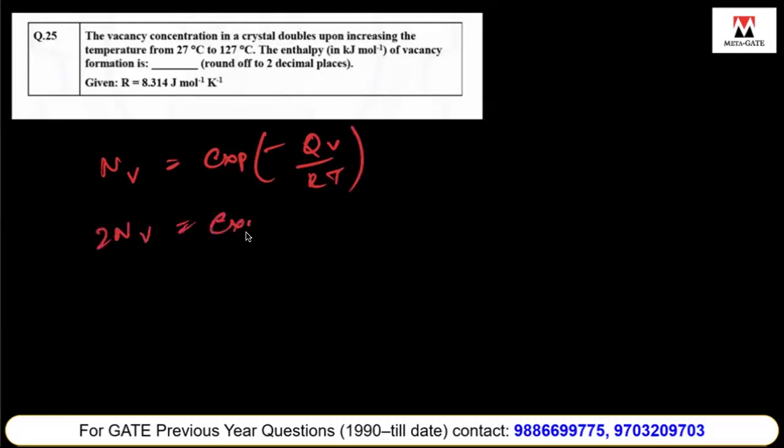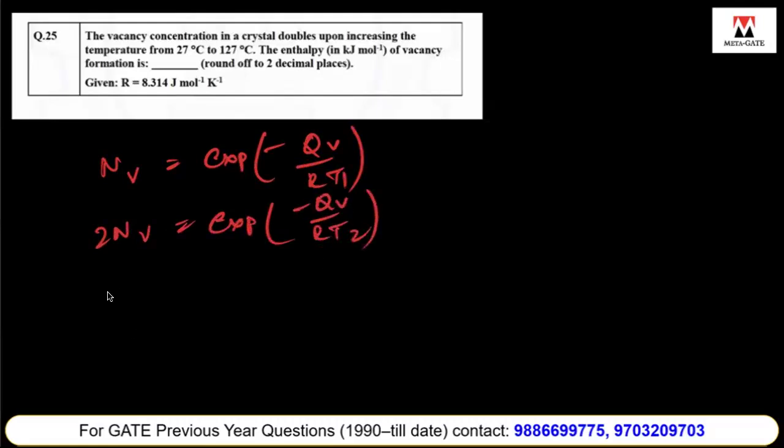The vacancy concentration in a crystal doubles upon increasing the temperature from 27 degrees to 127 degrees centigrade. The enthalpy of the vacancy formation is given by, we know N_V is equal to exponential of minus Q_V by RT. So vacancy concentration in case 2 is 2 N_V, exponential of minus Q_V by R T2.